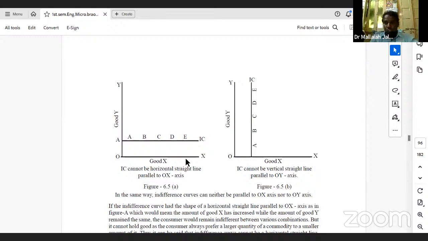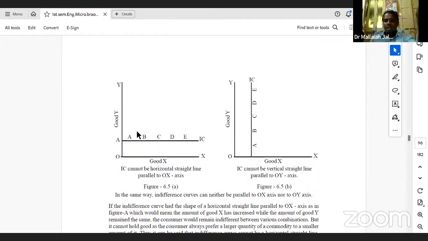There is a possibility to increase X, but Y is constant at OA. While increasing X commodity, Y has to decrease.